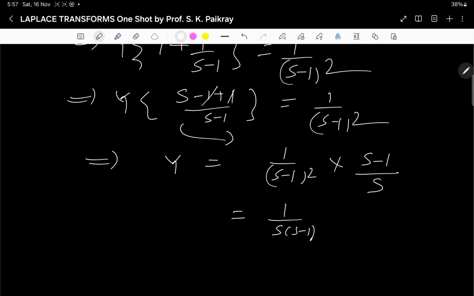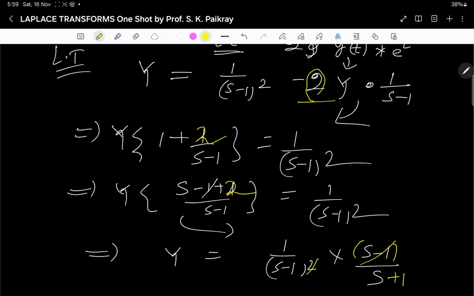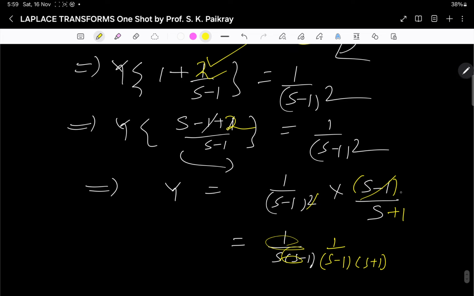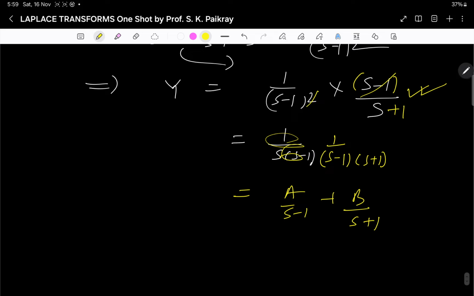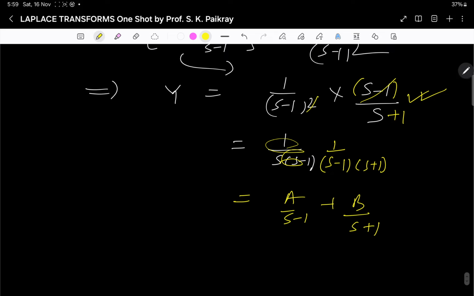Okay, so I can simplify it. Just a little correction here: on the right-hand side it is 2, so it will be 2, and accordingly it is simplified. So this is a by (s minus 1) plus b by (s plus 1). If you solve it, the value of a will be half, and the value of b will be minus half.